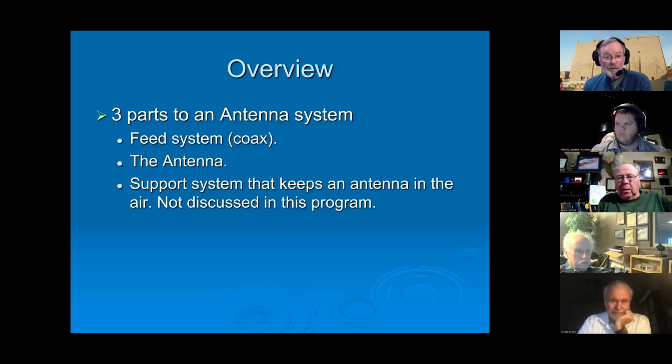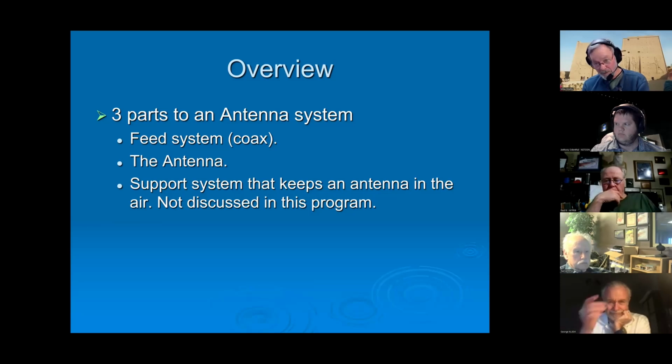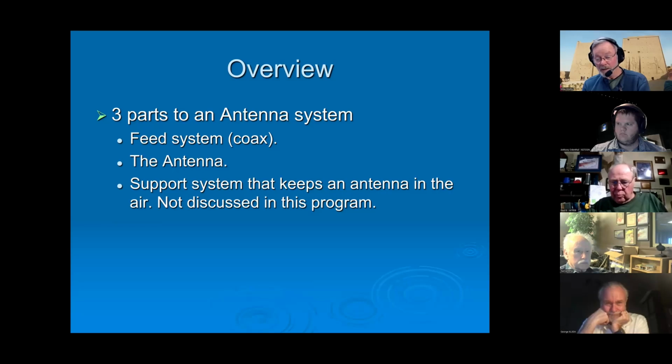So just as an overview, there are three parts to an antenna system. You have to think about your antennas as a system out there. It's just not appropriate to look at one individual piece of that system. For that antenna system, you have a coax, and that's the wire or cable that moves the RF energy between your transceiver and your antenna.